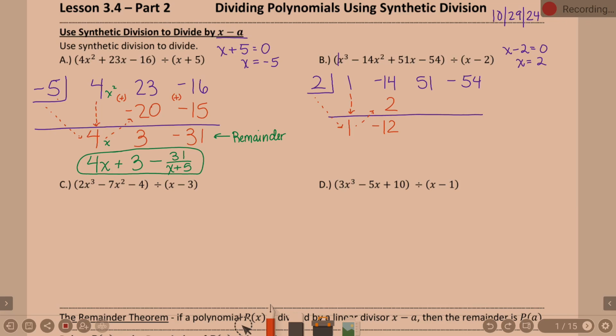Now it's 2 times negative 12. 2 times negative 12 is? Negative 24. It goes underneath the 51. And now we're going to add. 51 plus negative 24 is 27.